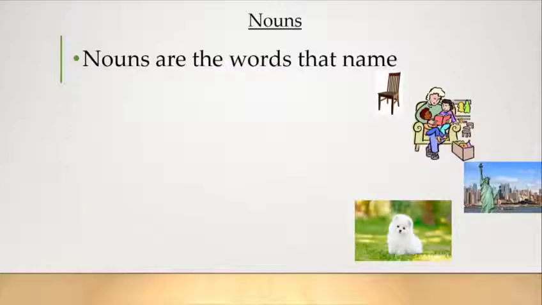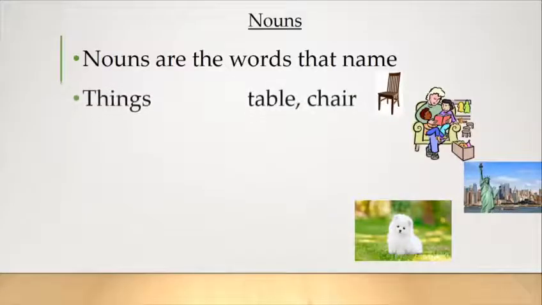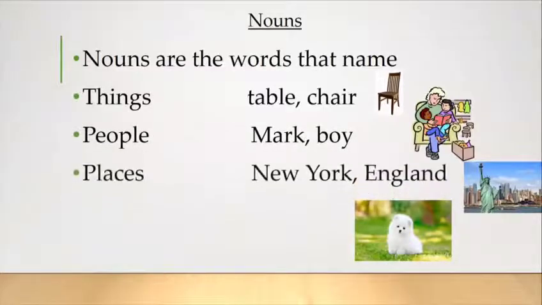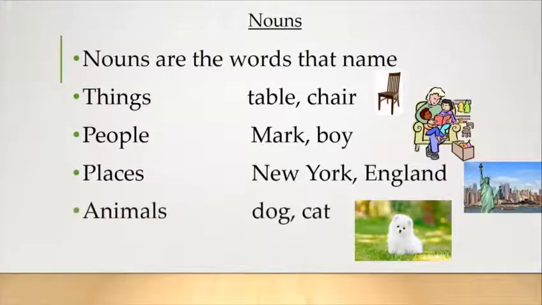In the fourth picture, there is an animal. So all these pictures are having the name. These 4 pictures belong to 4 different categories. For example, first picture is a thing, second picture presents person, third picture is a place, and fourth picture presents an animal. So noun is a name of person, place, thing or animal.